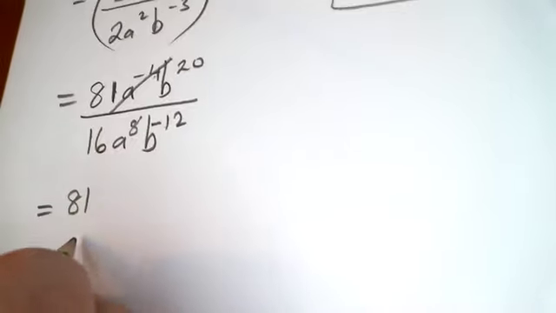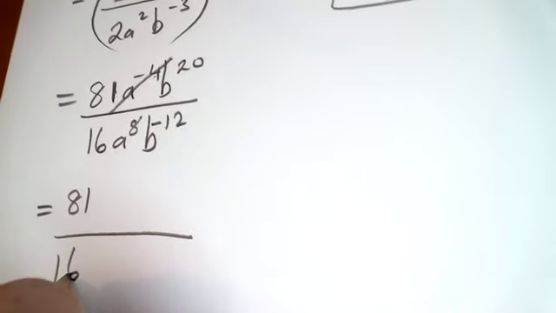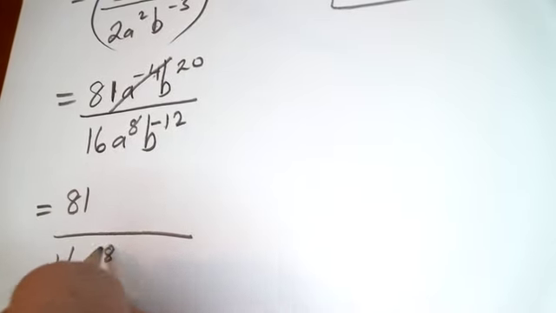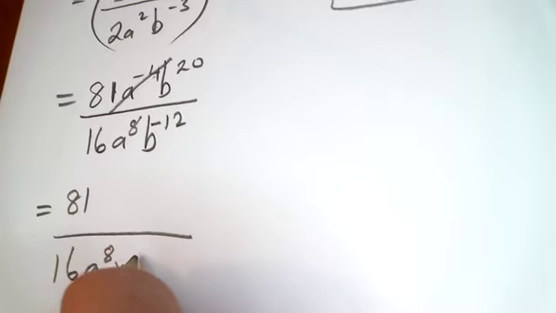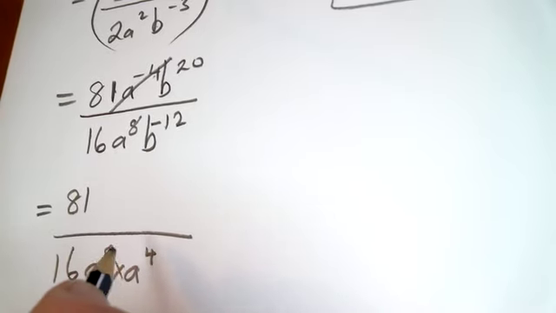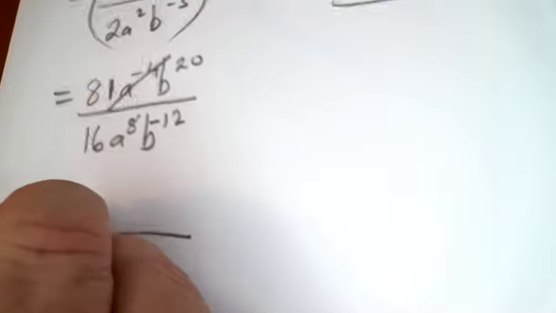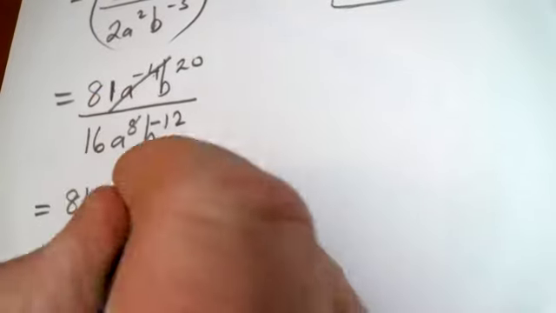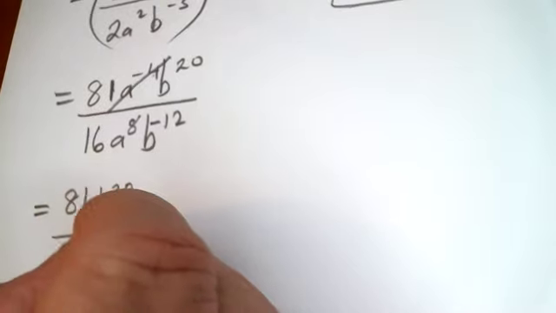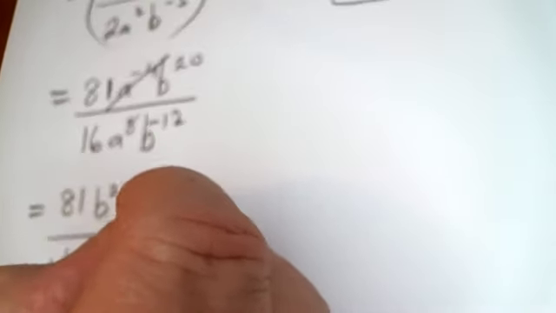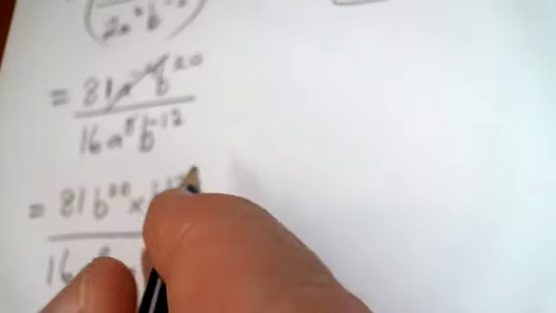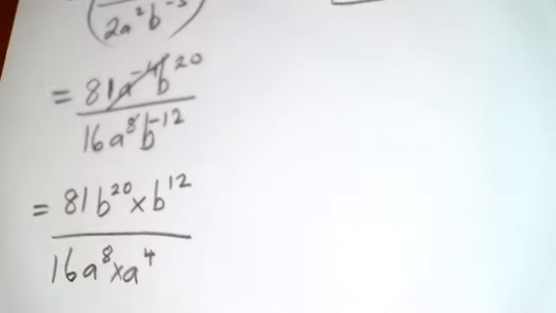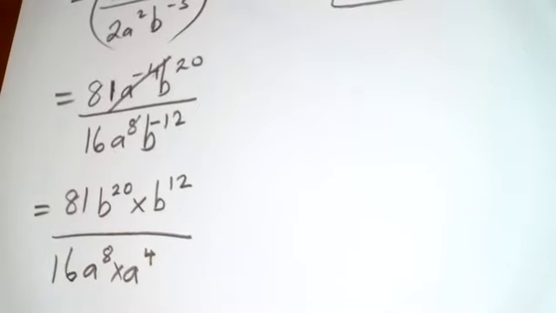I've got 81, and on the bottom I've got now 16, a to the 8, but I've also got times a to the 4. So now I can simply add these together. Same with the b's. I've got b to the power of 20, but I'm going to multiply it by b to the 12. So the b to the 12 now simply moves to the top, and I'm going to put it next to it.